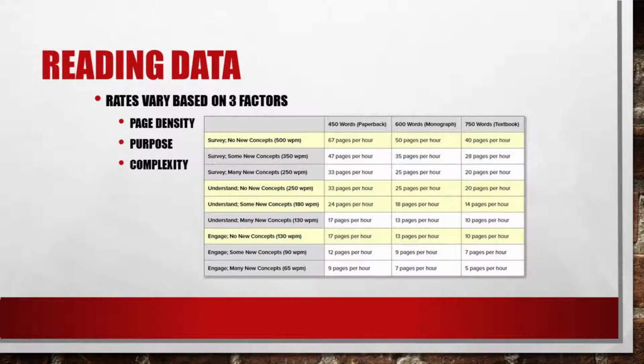For reading, it's based on 3 different factors: page density, so what kind of reading resource it might be, whether it's a trade paperback, or a monograph, which includes that 600-word estimate similar to a lot of journal articles, and then textbooks tend to be a lot more dense. Then also purpose, which is listed here as survey, understanding, and really engaging with the text, and complexity, a generalized idea of how many new concepts are in the reading.